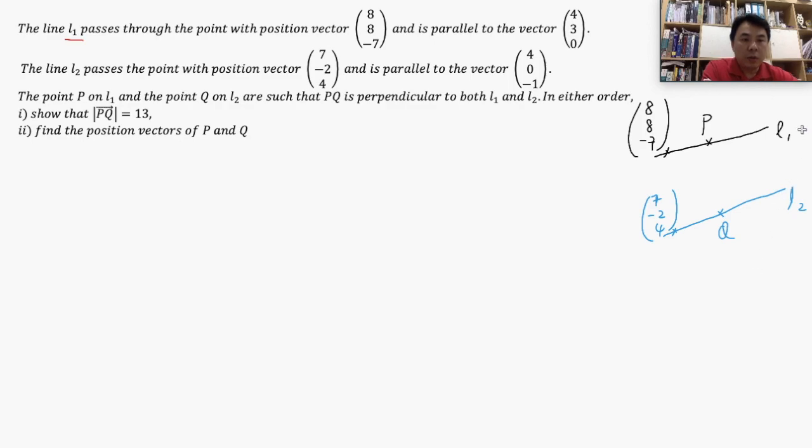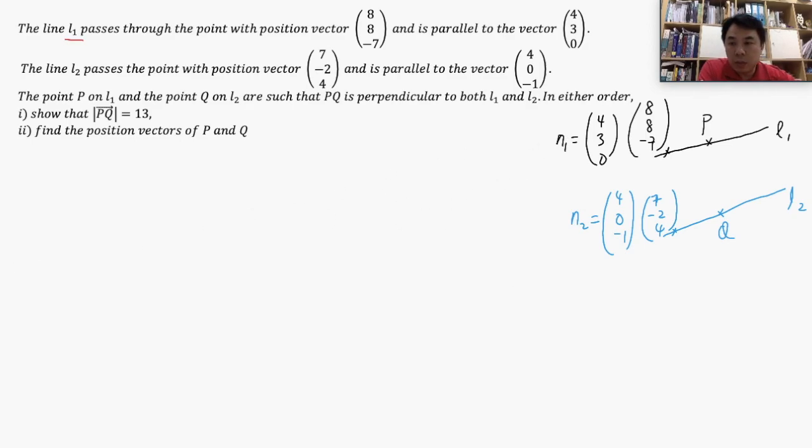Both L1 and L2 have direction vectors. I'll call the direction vector of L1 n1, and n1 is given as (4, 3, 0), whereas n2 is given as (4, 0, -1). So there are the direction vectors.